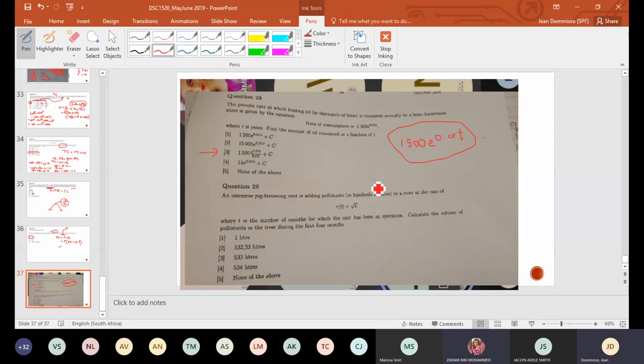My guess is always 3 if I don't know the answer. So that would have been also my guess. So what are the integration rules when you work with e? I think you guys just must make sure, and I think I've written it somewhere in those notes as well.